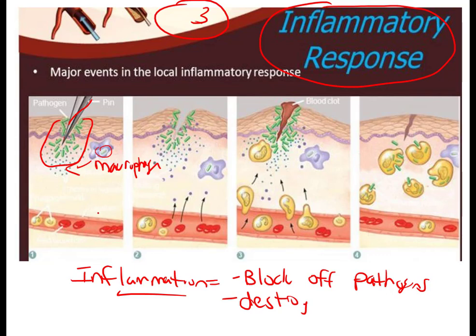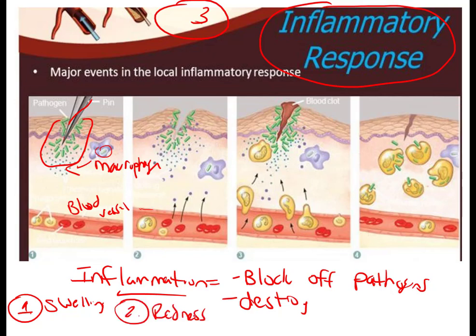And what's going to happen is here's a blood vessel that's near the site of damage. The blood vessel is going to swell up. That's one of the signs of inflammation: you get some swelling. Another sign is you get some redness, and this redness is because these blood vessels are swelling up.